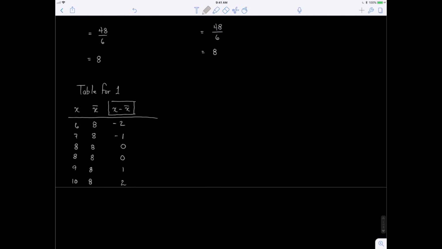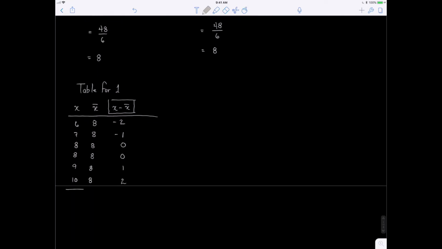Now I want to do something with this. Let's take this data, and let's add up these distances. So x minus x bar, this is the distance from the mean.